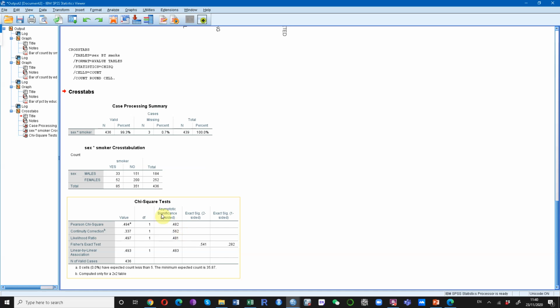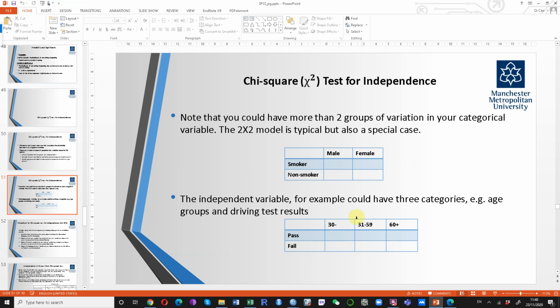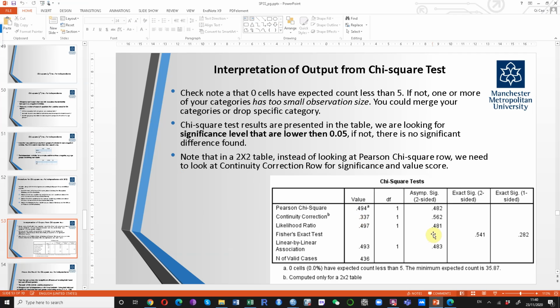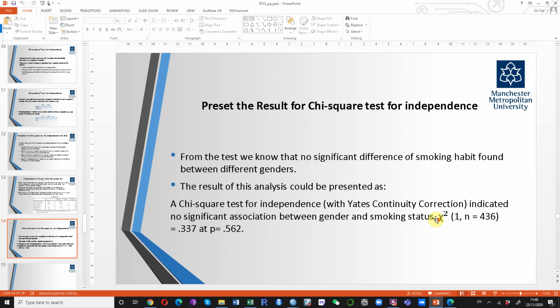Okay, so I have exactly the same thing here, as you can see, and I have the interpretation here.